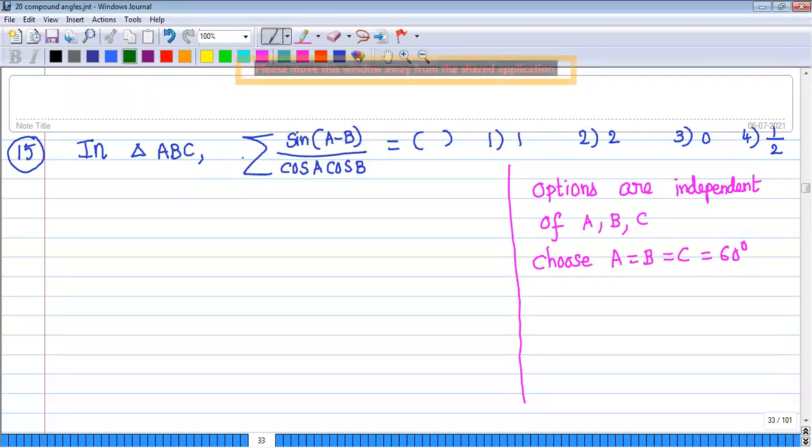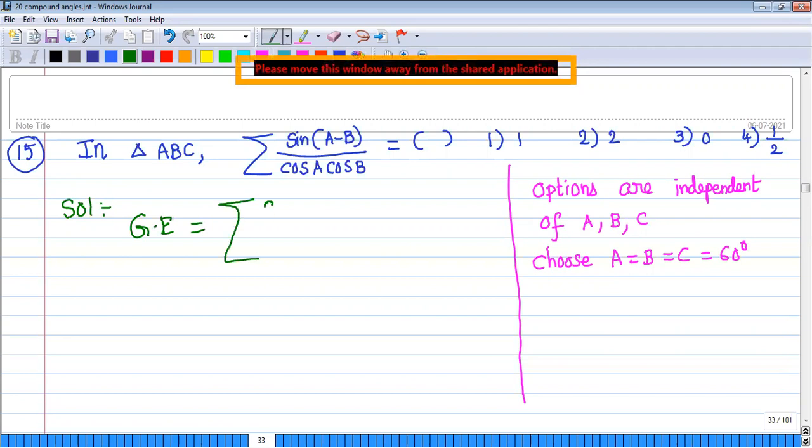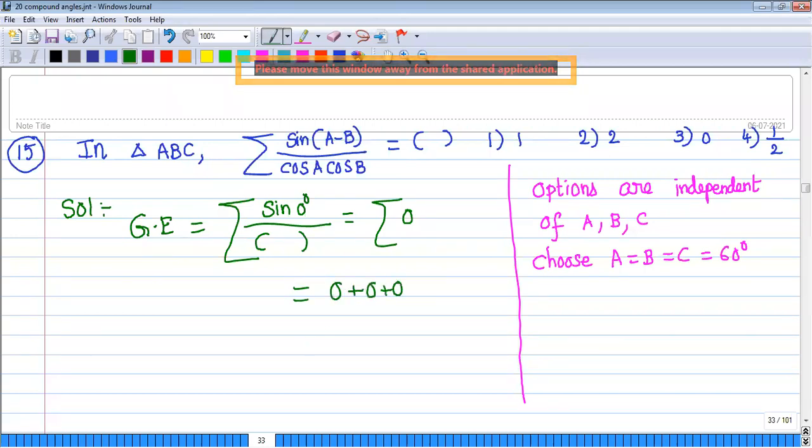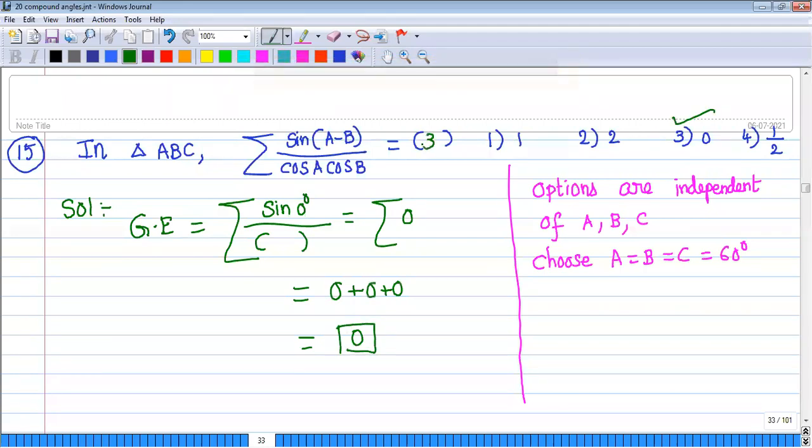Now the given expression becomes sigma sine of 60 minus 60, sine 0 by something, sigma 0 by something, 0 plus 0 plus 0. So we get 0. Third option is the right option.